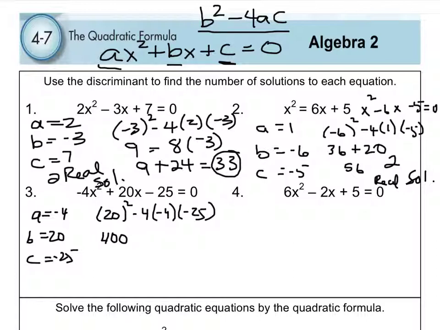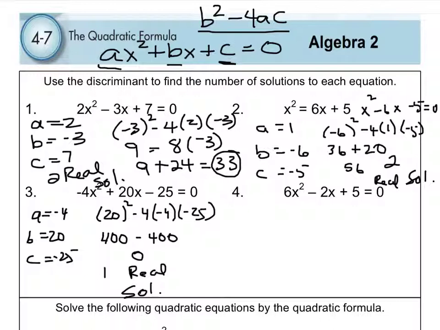And negative 25 times negative 4 is 100. 100 times negative 4 is negative 400. So 400 minus 400 is 0. If I have 0, is that less than, greater than, or equal to 0? Well, that's equal to 0. So I'll have 1 real solution.